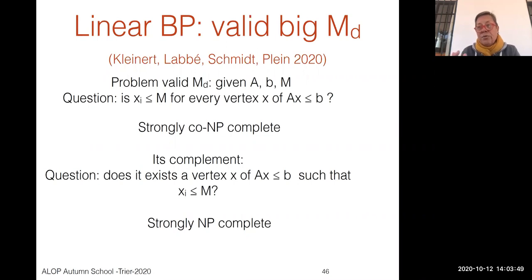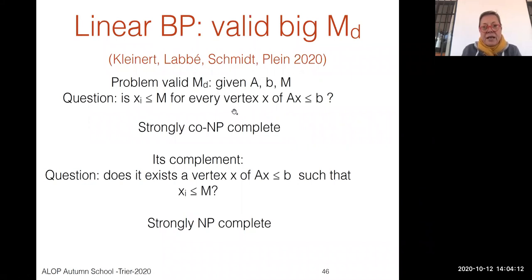So the problem we consider is: is M a valid upper bound on the ith coordinate of every vertex of the polyhedron? And what we can show is that this problem is strongly co-NP complete. Just a little parenthesis from a complexity point of view.